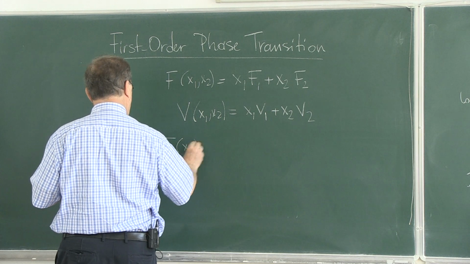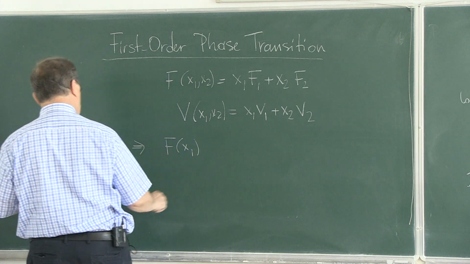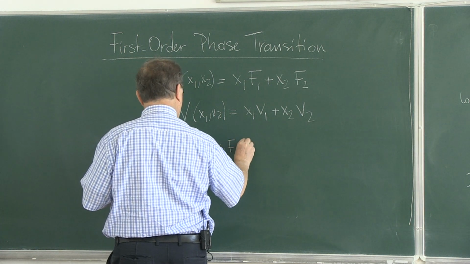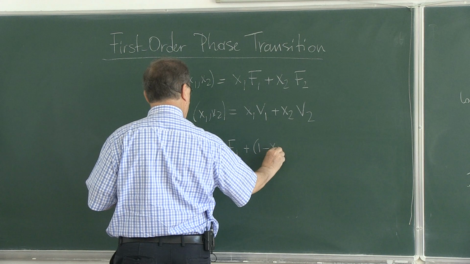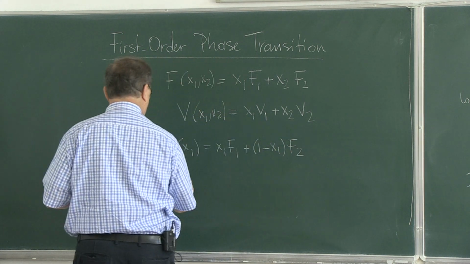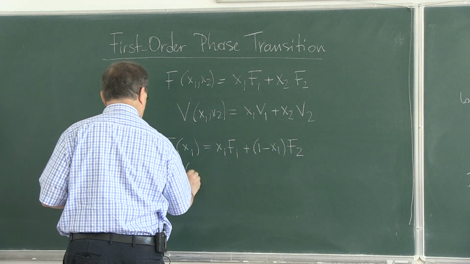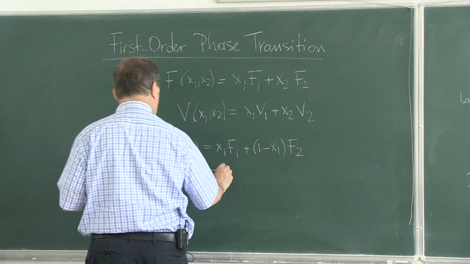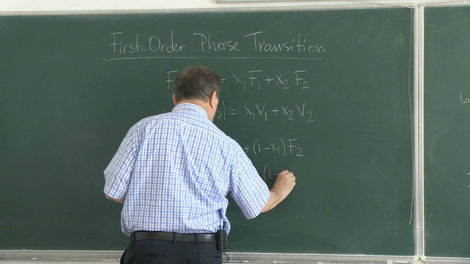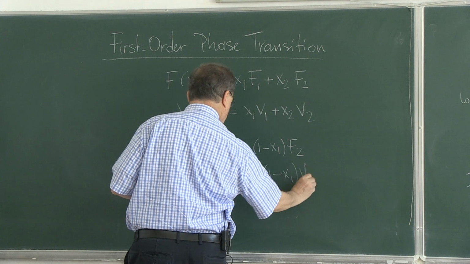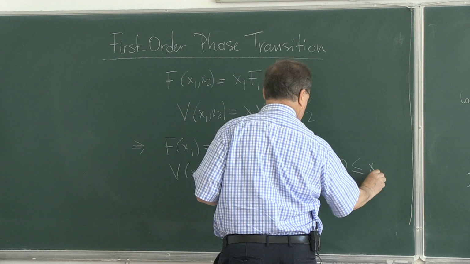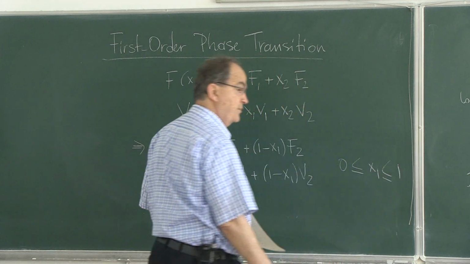F of x1 is x1 f1 plus 1 minus x1 times f2, and V of x1 is x1 v1 plus 1 minus x1 times v2, and x1 is something between 0 and 1.